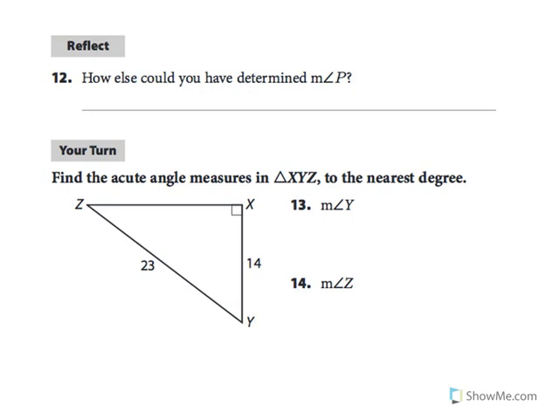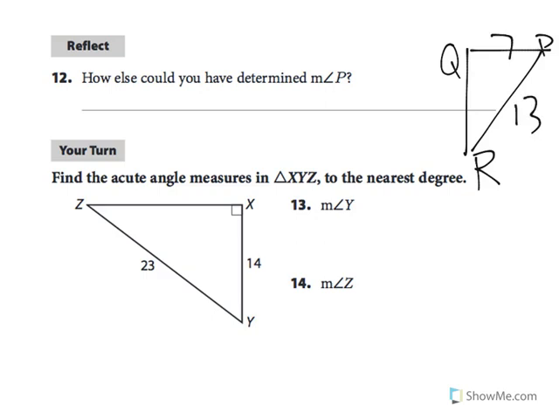Okay, for number 12, how else could you have determined the measurement of angle P? Well, if we go back to our drawing, we have R, Q, and P. This is 7 and 13.